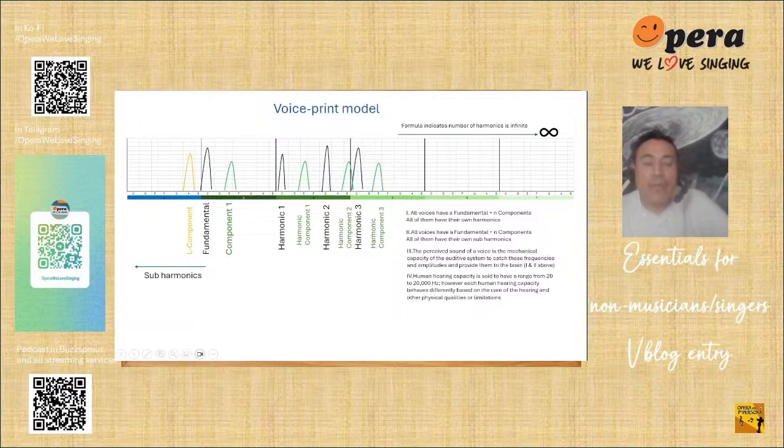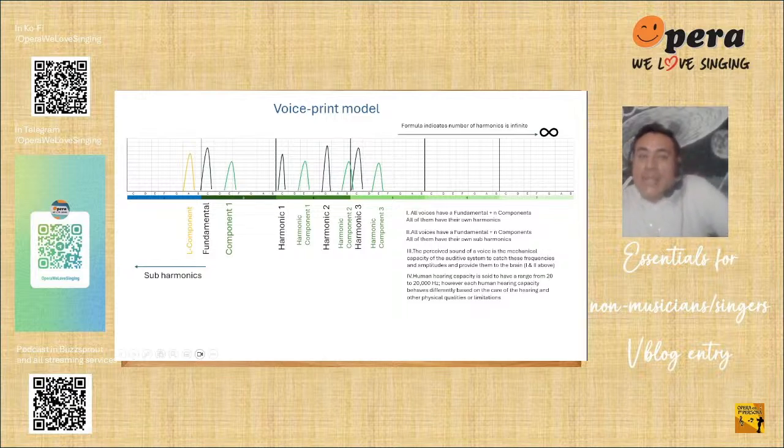And the fourth is a conclusion that is related to the three previous ones. Our hearing capacity runs from 20 to 20,000 hertz. If you run that audiometry test, you will notice that most people start losing the lower and the upper register in hearing.